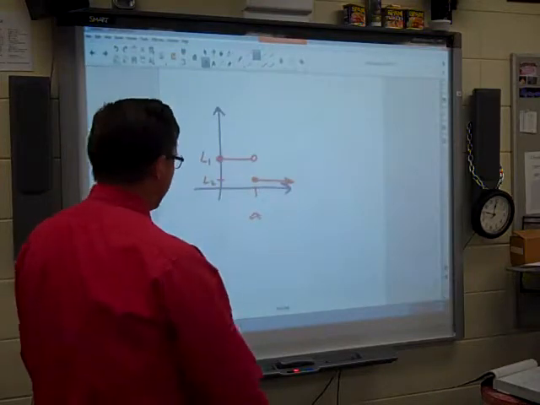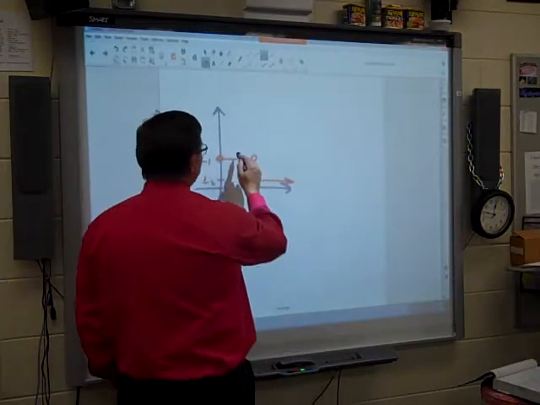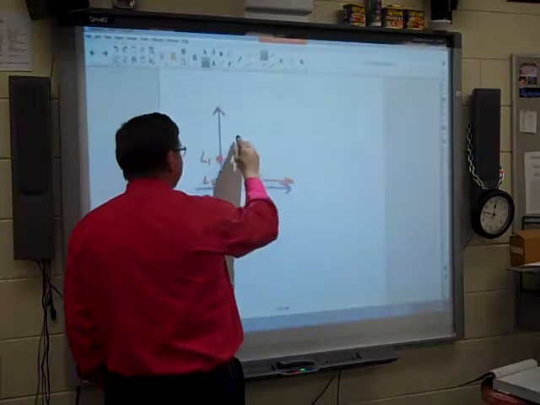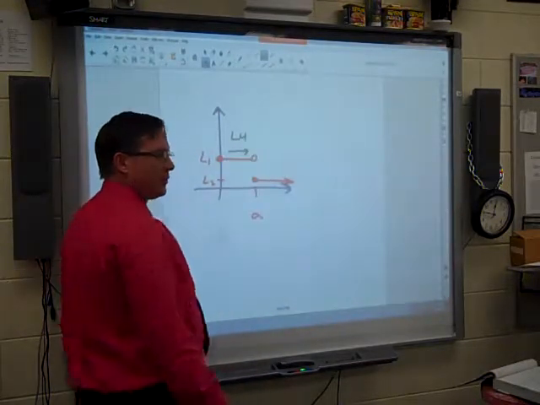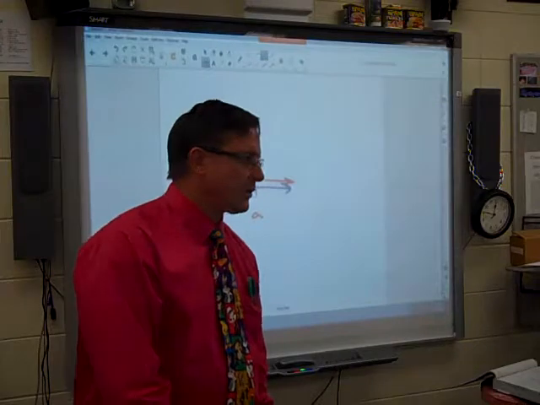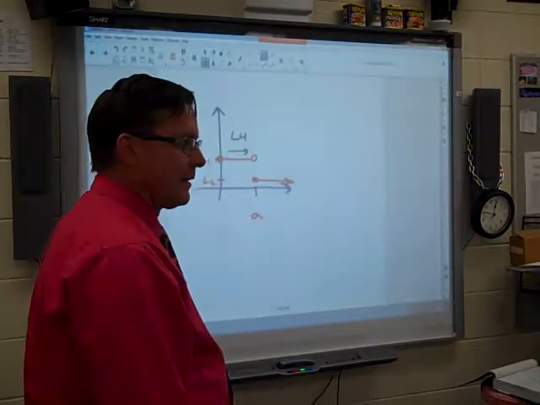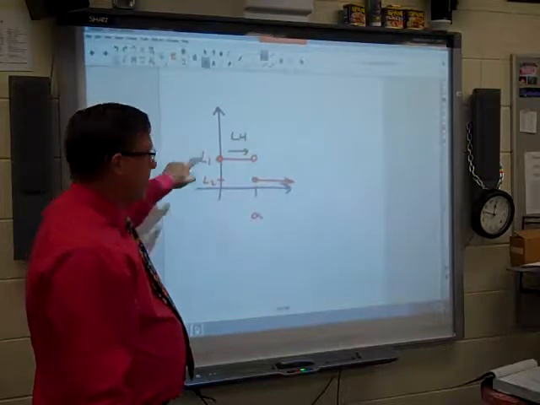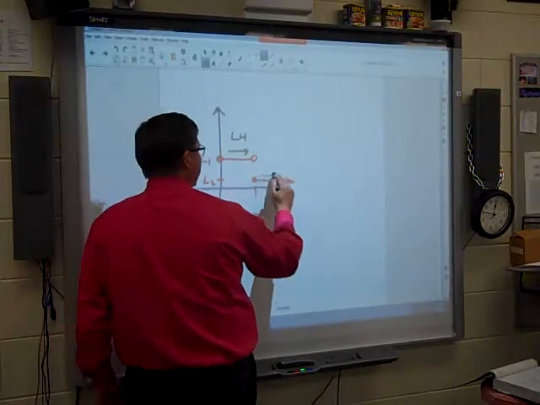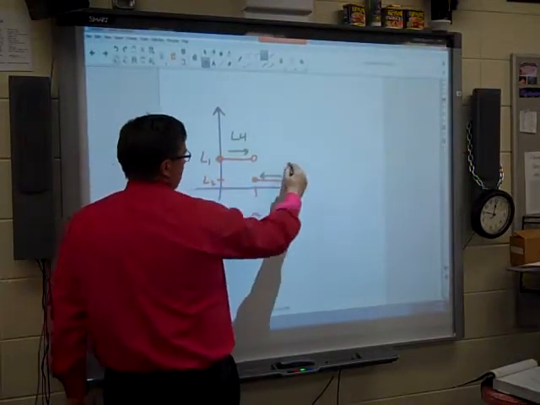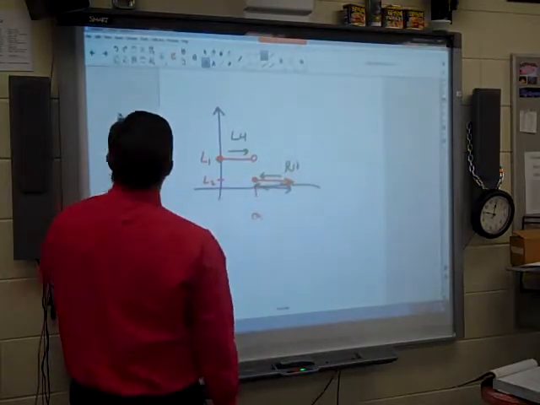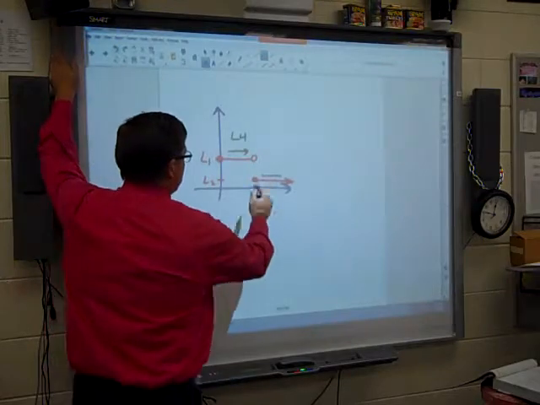All right. So my question is, as I come down the left-hand side, what's the value as you get close to A? The value is L1. Do you guys agree? As I come down the right-hand side, and I'm approaching A, and I'm coming this way, what's the value of the function?